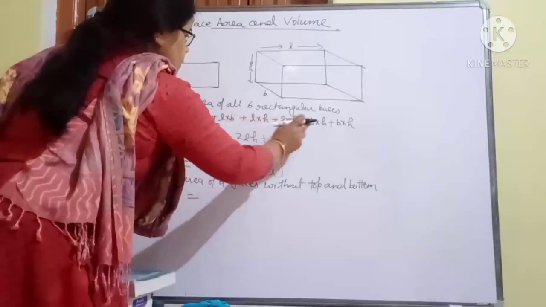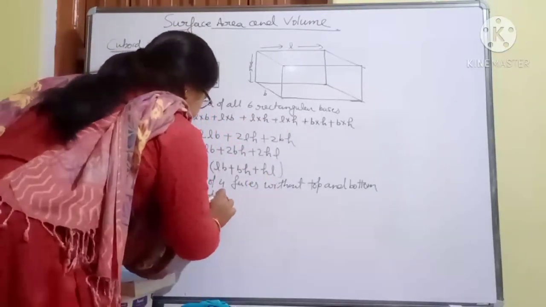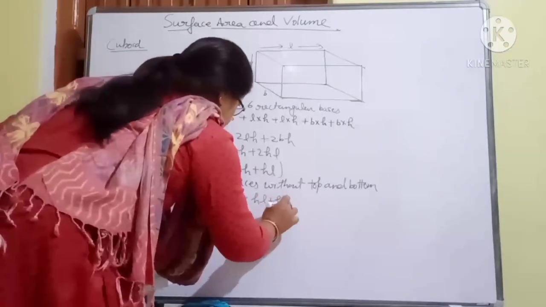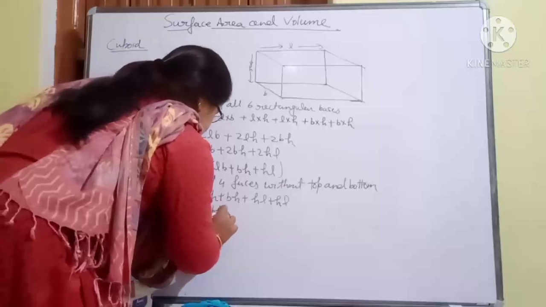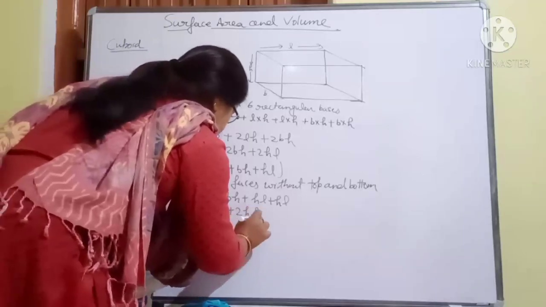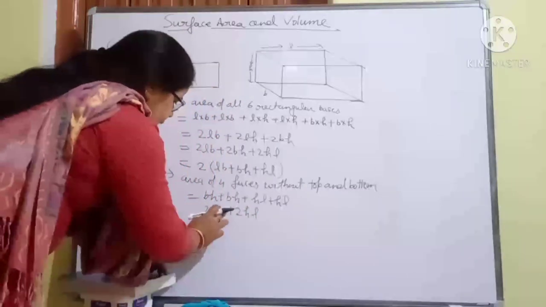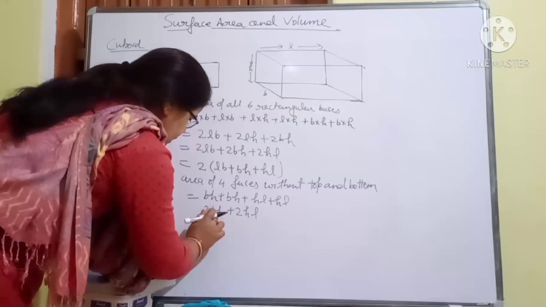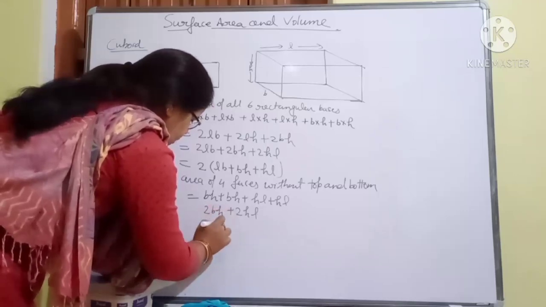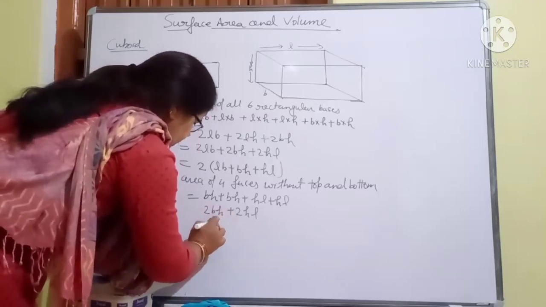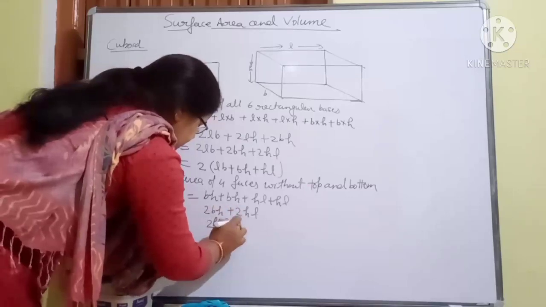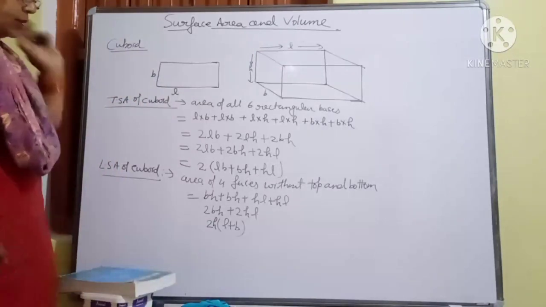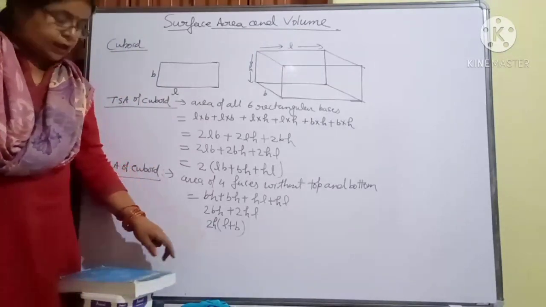It will become BH plus HL, so it will be 2BH plus 2HL. So we will take 2H common, and it will become length plus B. So 2 times (length plus breadth) multiplied by height, and this formula you have learned in the earlier classes also.